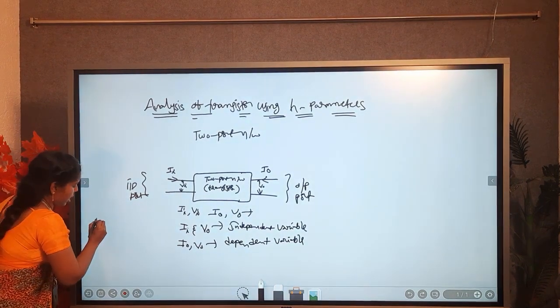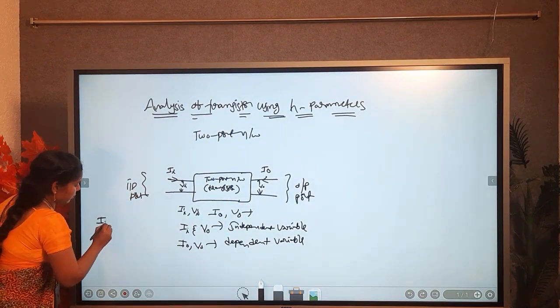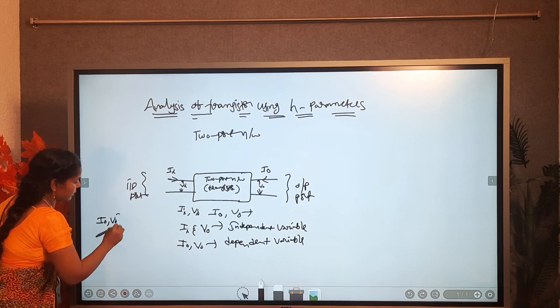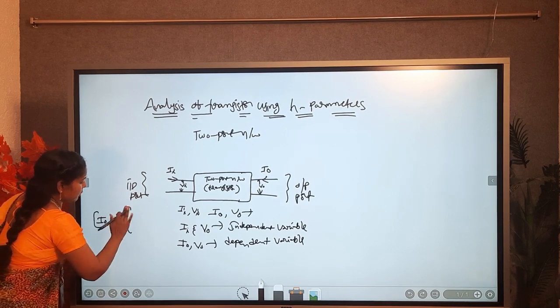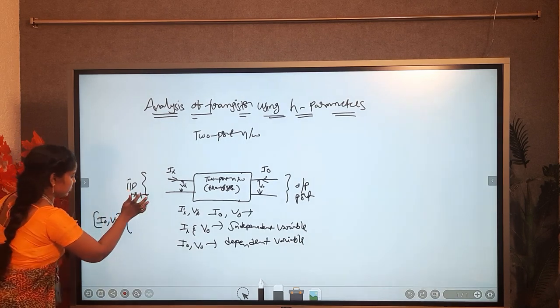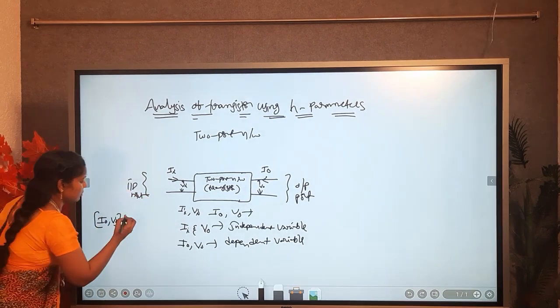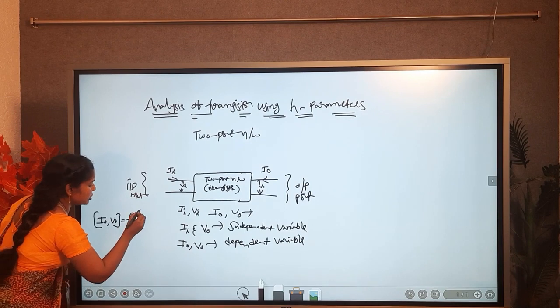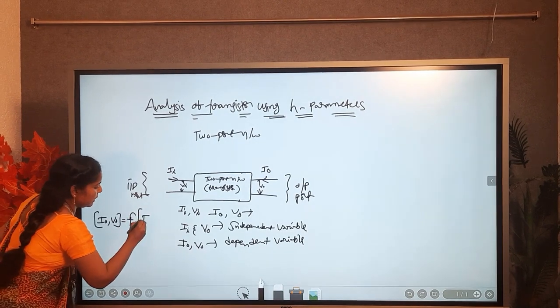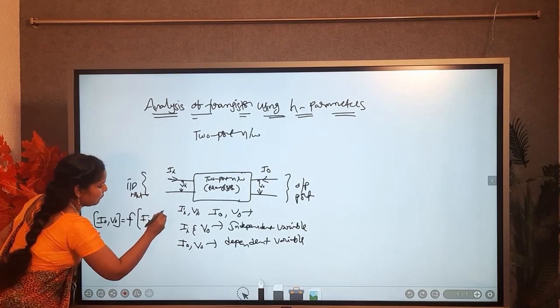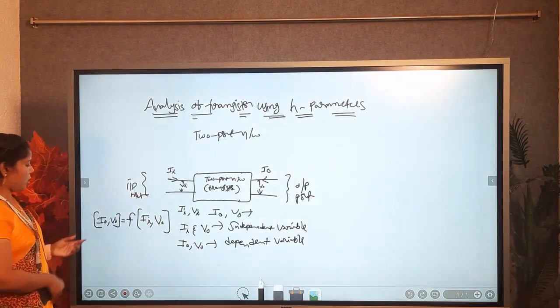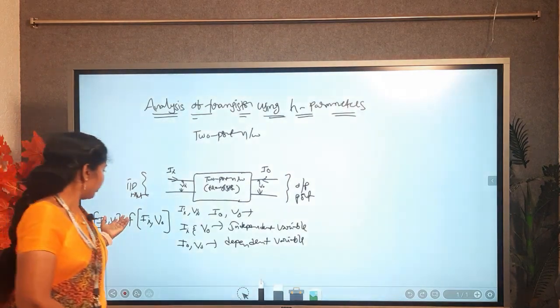So Ii and V0 are independent, and Vi and I0 are dependent. So Vi and I0 are functions of the independent variables Ii and V0. How do we represent that?